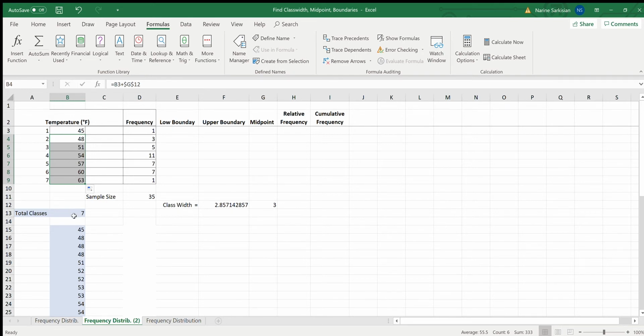7 classes. Okay, now how do I know what's the upper boundary of this first class? If the second class is starting with 48, the upper boundary of the first class is going to be 1 less, 47. So if here is 51, here is going to be 50. Or the other way, because the upper boundary also goes by a difference of 3.